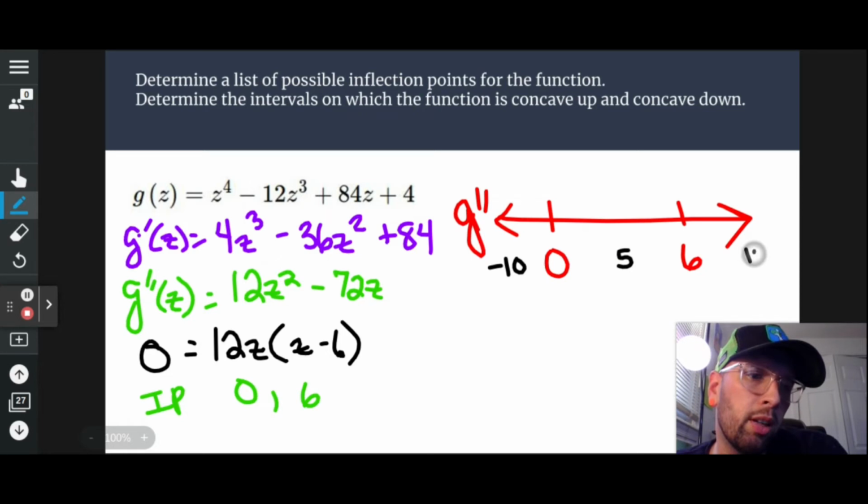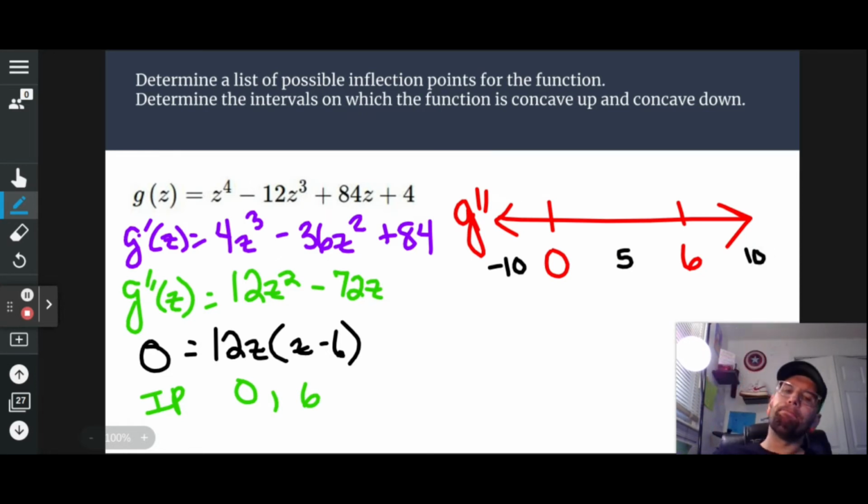And I can plug in 10. And I'm plugging that into the second derivative, which is this guy. So let's do it. 12 times -10 squared minus 72 times -10. The answer is 1920.